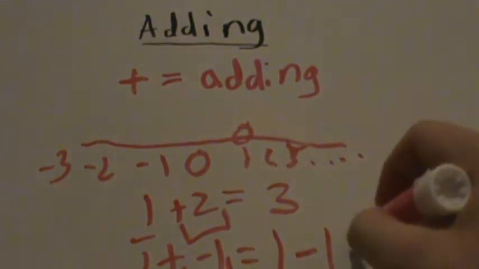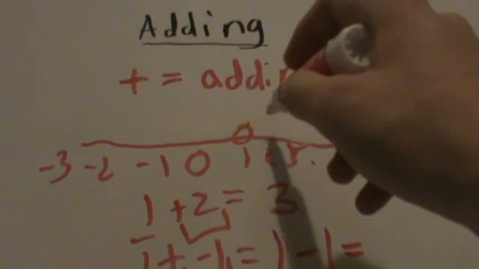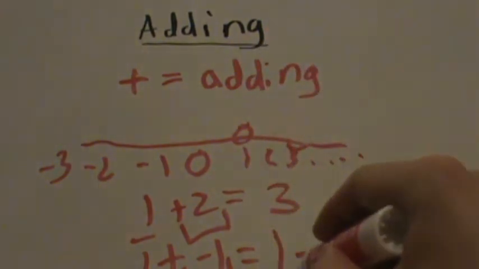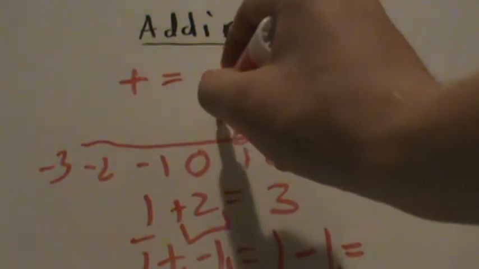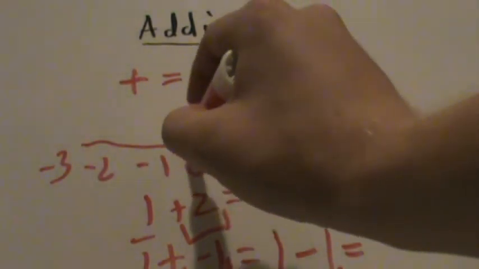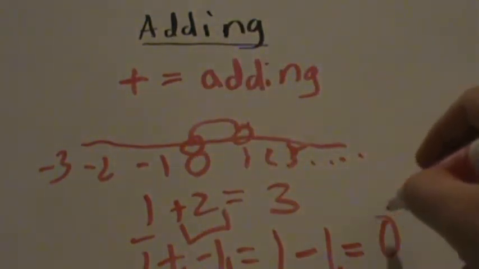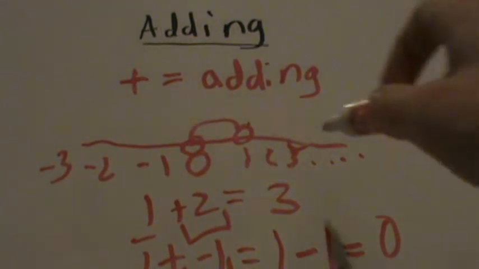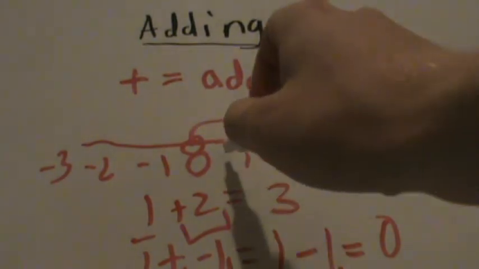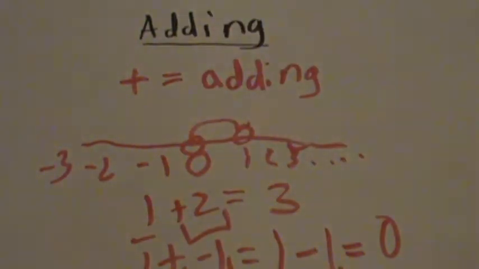Instead of going forwards, we're actually going backwards. So we go backwards 1 spot, and where do we end up? We end up at 0. So when you add negative numbers to positive numbers, you'll go backwards on the number line from your respective position.